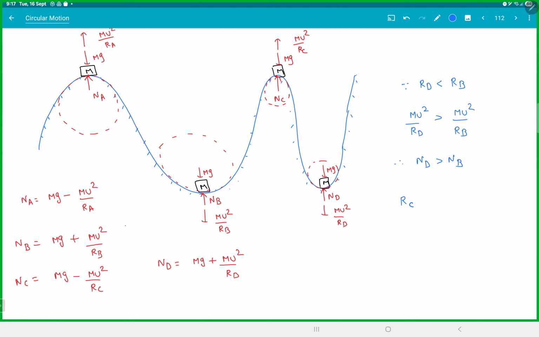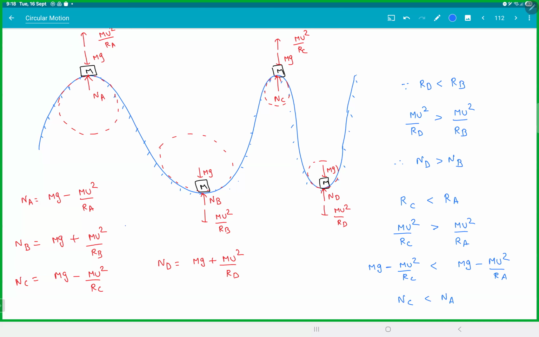Similarly, RC is less than RA, so mu square by RC is greater than mu square by RA. But remember, what I want is mg, and there is a minus sign. So mg minus mu square by RC will be less than mg minus mu square by RA. Therefore, NC is less than NA.